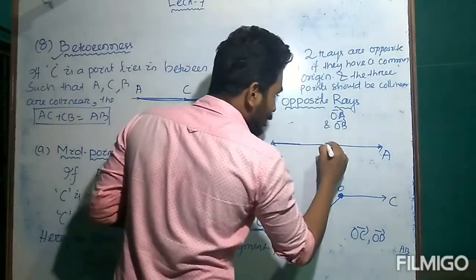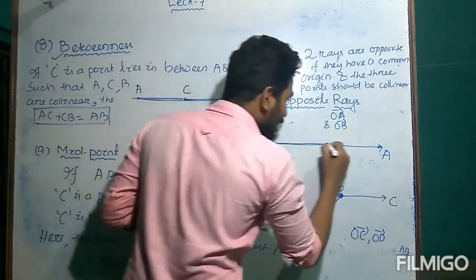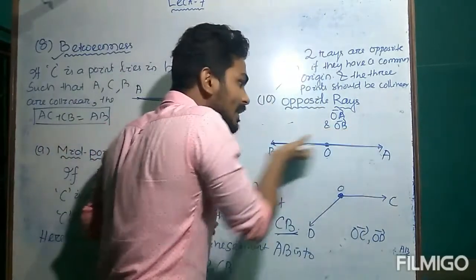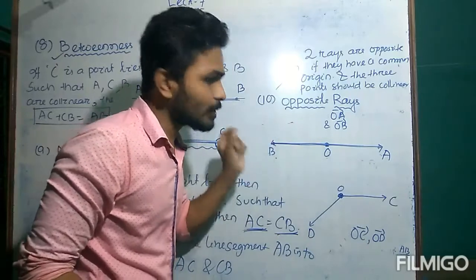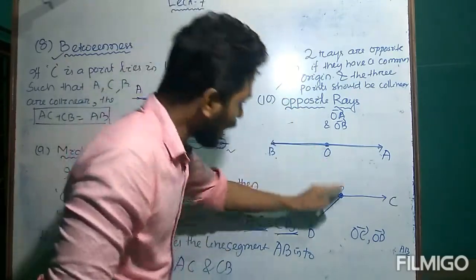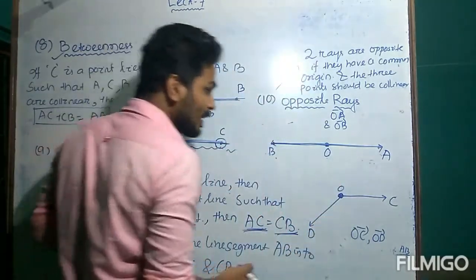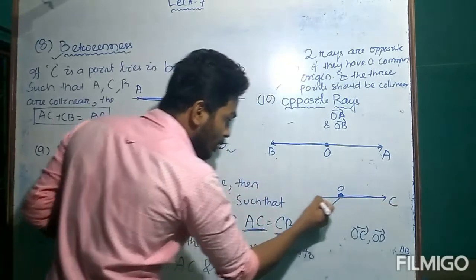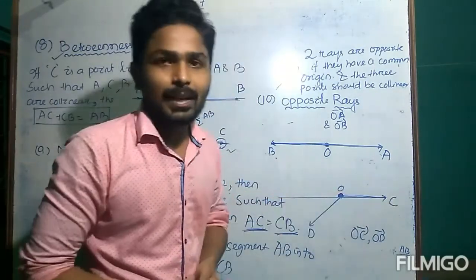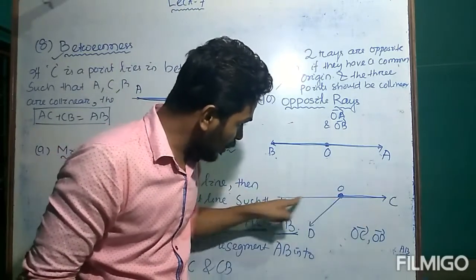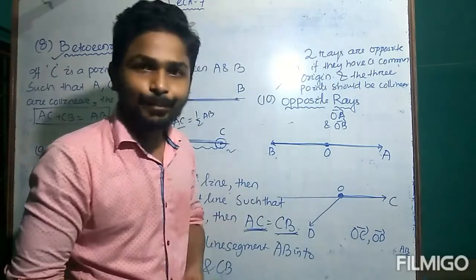So here you can see these two rays have the same or common origin, and if you join these 3 points, then they will form a single straight line. It means these 3 points lie on the line, and they are known as collinear points. Now in this case, though the two rays have the common origin, they do not form a straight line. See here, if you draw a straight line using the points C and O, the point D doesn't lie on this straight line.